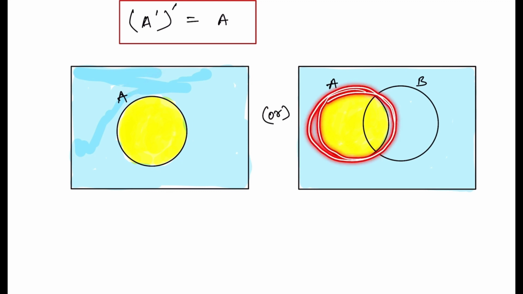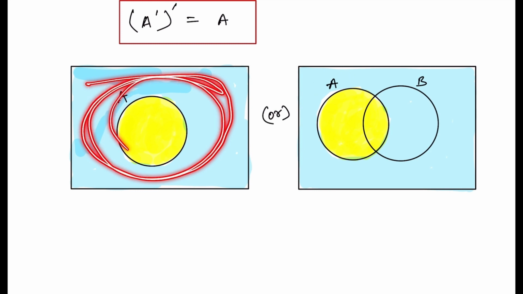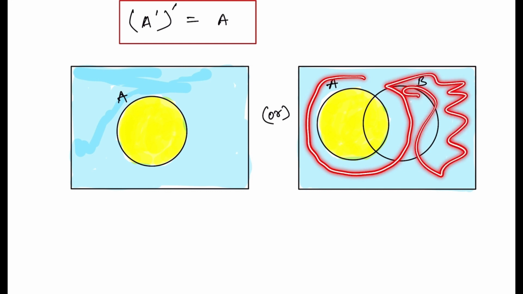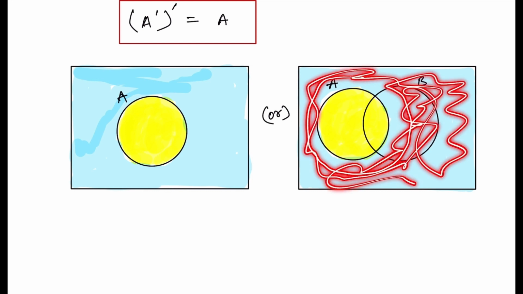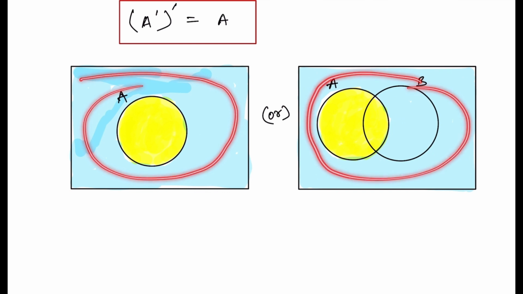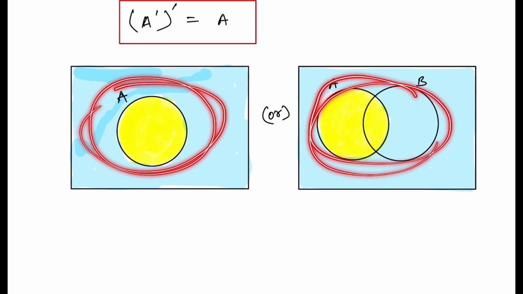Inside this region, whatever element is there belongs to set A. Now outside this circle, whatever element is there does not belong to set A. Same for this, outside the region of A, whatever element is there does not belong to set A. That means in this blue region, whatever element is there belongs to A complement.